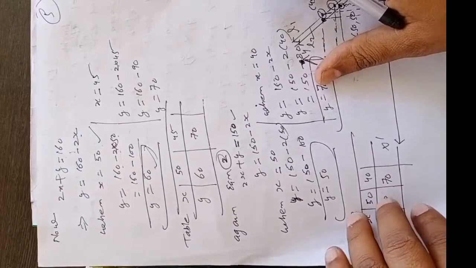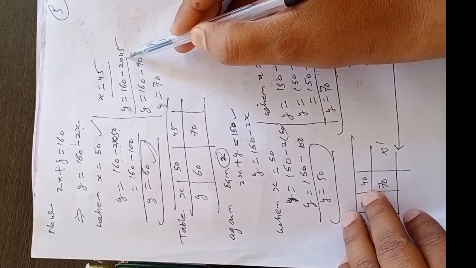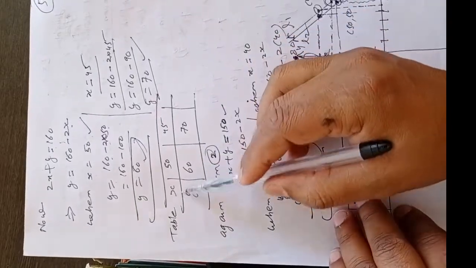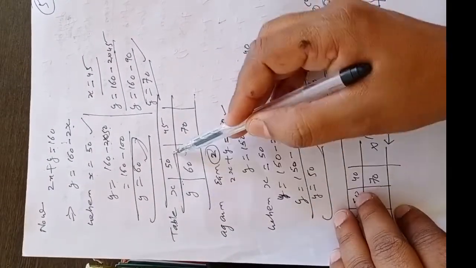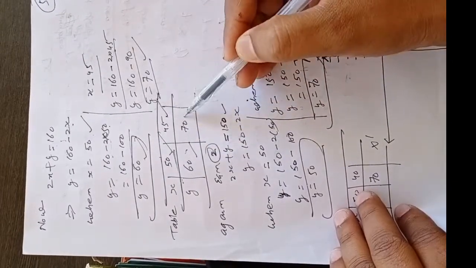Now x is equal to 45, so y is equal to 160 minus 2 into 45, so y will come 70. So the table will be: when x is equal to 50, y is equal to 60, and when x is equal to 45, y is 70.